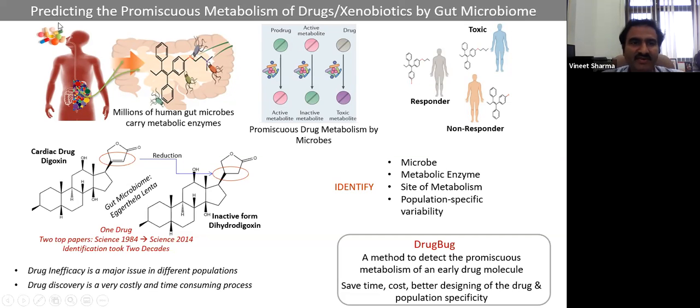Basically, we take oral drugs that go to your gut, where they meet millions of microbes. These microbes may contain enzymes which can do promiscuous metabolism of the drug molecule, because the structure of the drugs may look similar to the structure of their own substrates. Non-specificity of promiscuous metabolism is one of the characteristics of enzymes.